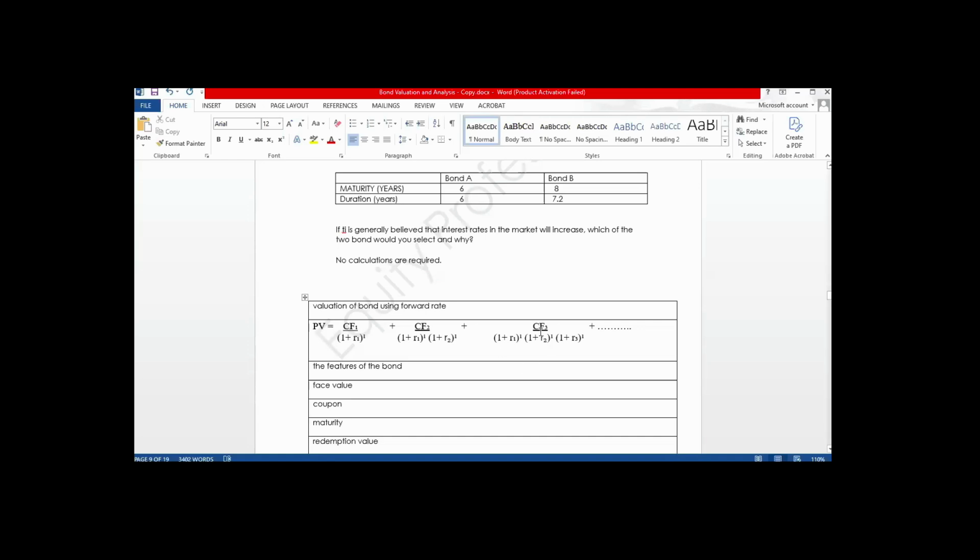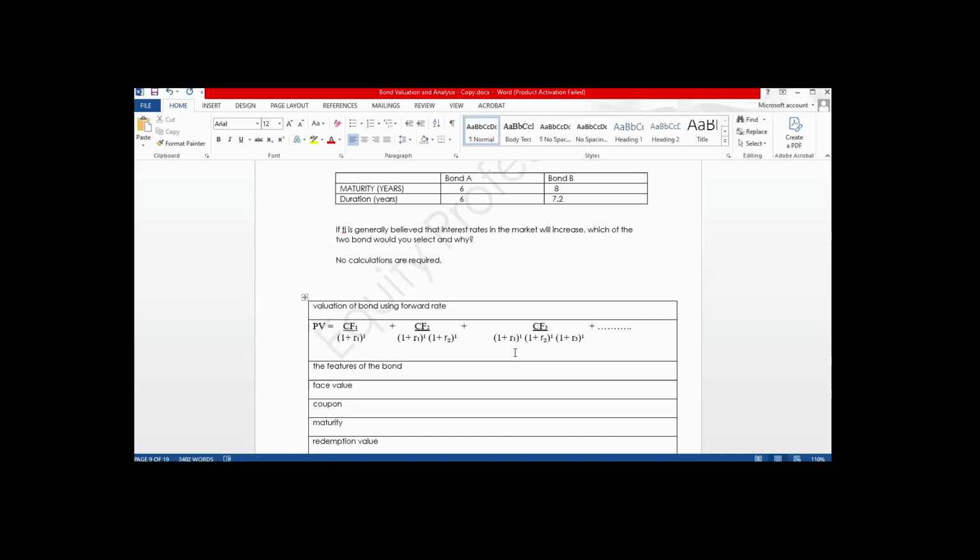When you get to year 3, your cash flow in year 3 is divided by 1 plus R in year 1, close your bracket, then 1 plus R in year 2, close your bracket, 1 plus R in year 3, close your bracket. This is the approach when using forward rates to value bond.